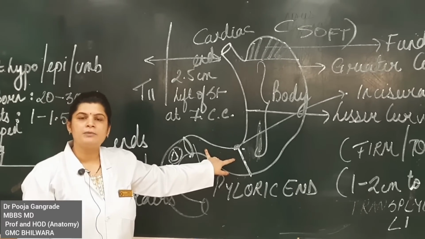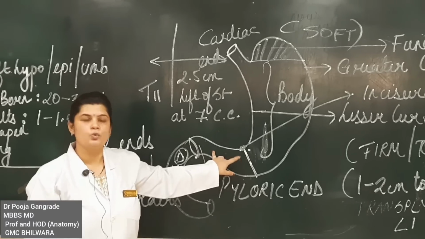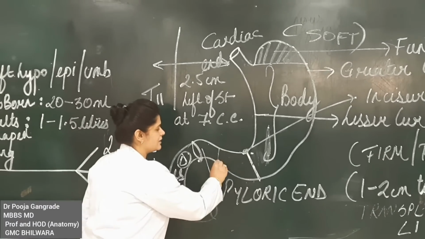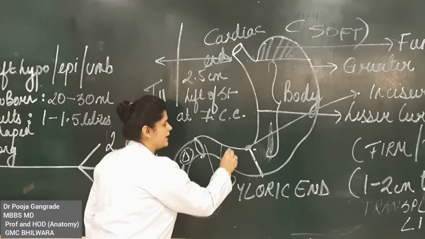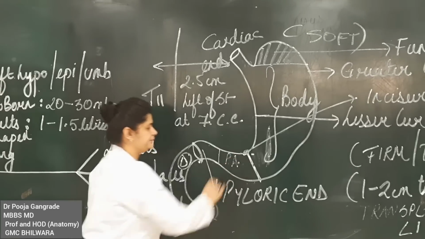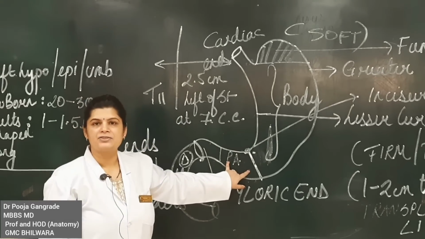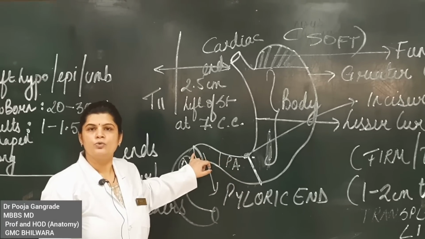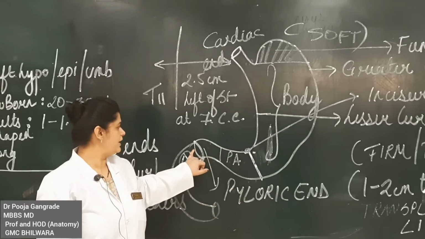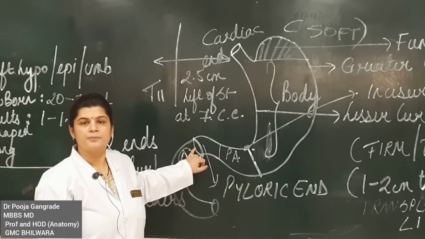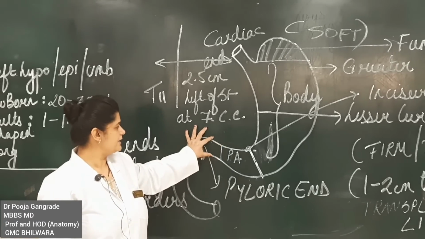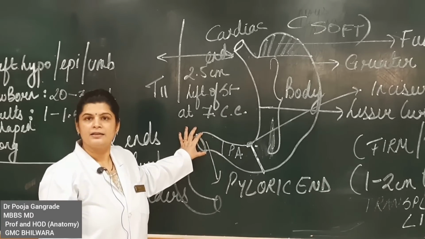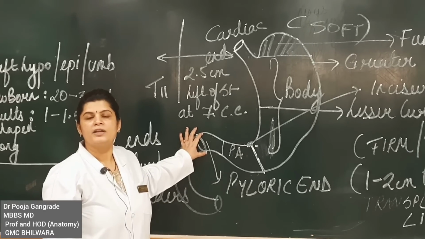Now the pyloric part is again divided into two. A bag-like structure is called the pyloric antrum. And as you go close to the pyloric end of the stomach, this part is just like a canal. So this is called the pyloric canal.